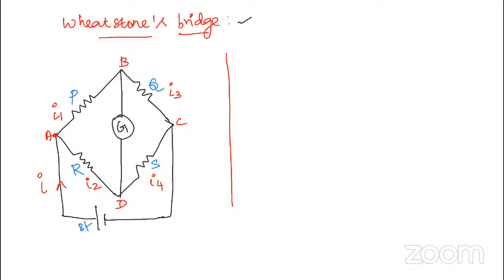So here we have taken 4 resistances, that is P, Q, R, S. Now we have one condition. If the bridge is balanced, then for the balanced condition, the current flowing through the galvanometer is equal to 0.